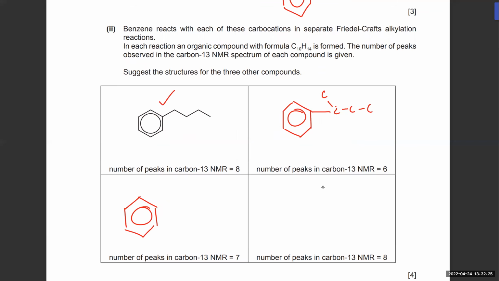What else, C4H9 plus, what other options do you have? I'm ignoring this at the moment, we'll fix that later at the end. Another one is maybe the 4 carbon atoms are branched and this carbon atom is the plus one, so the benzene goes and bonds with this carbon atom, so you get this.